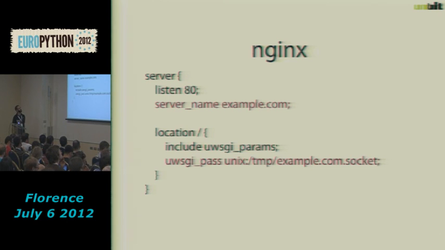This is a virtual host for nginx. You define the port on which to bind nginx, its server name, and a generic location. The relevant parts are the ones in red, where you set the server name. We are configuring example.com. And the second red line, where we set the Unix socket on which all the application requests will be passed.